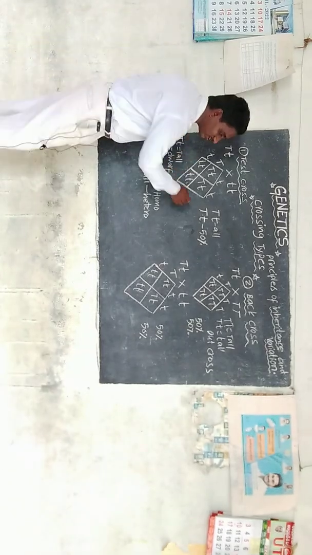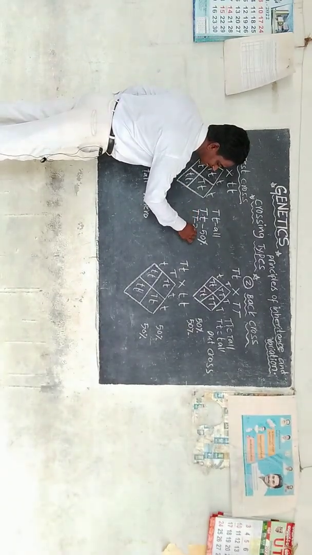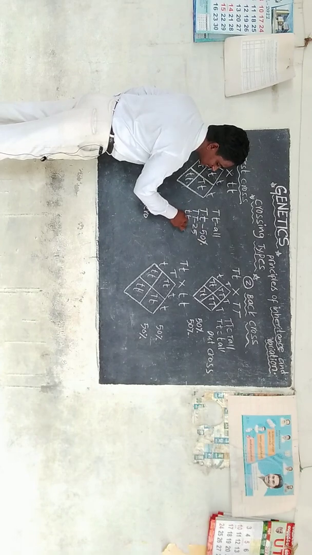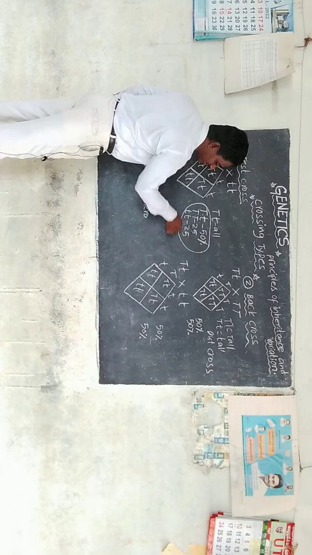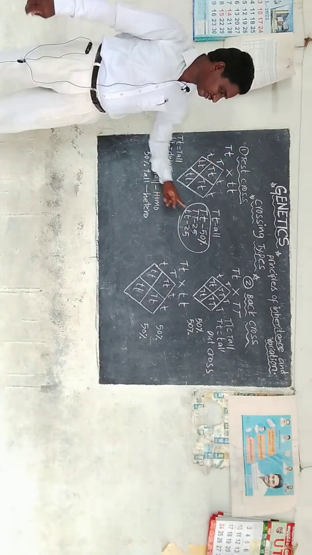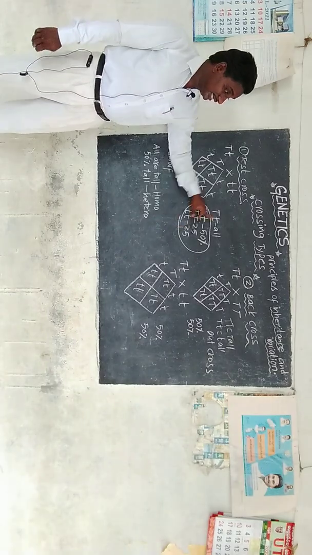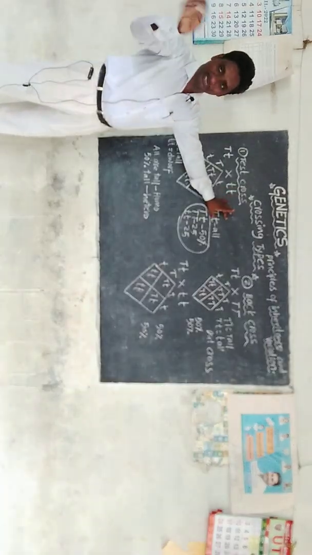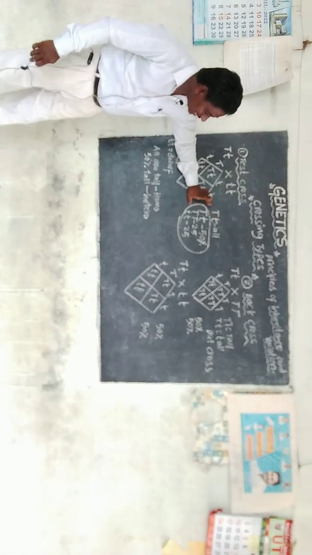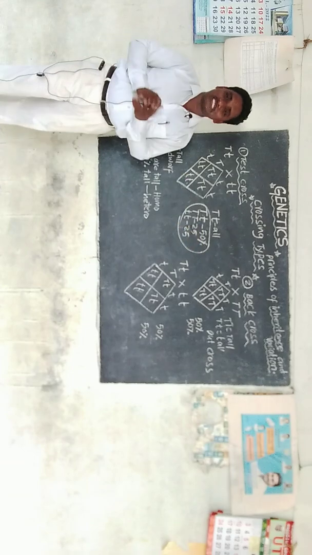The remaining are capital T, capital T, 25%, and small t, small t, 25%. So in total, 50% plus 25% plus 25% is 100%. In the first generation capital T, small t is dominant, and in the second generation also capital T, small t is dominant, 50%.